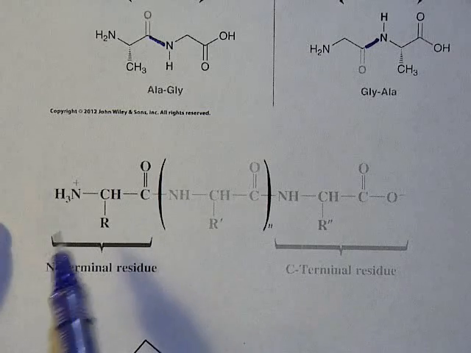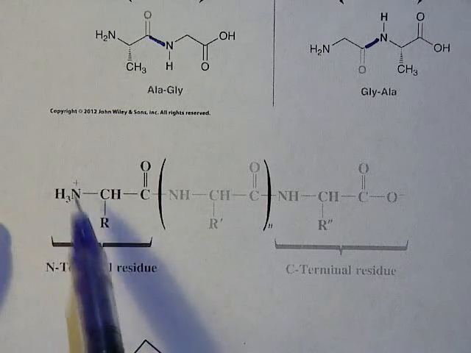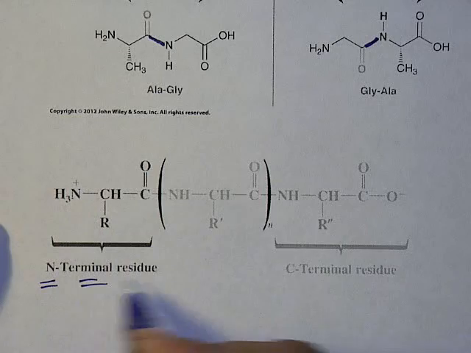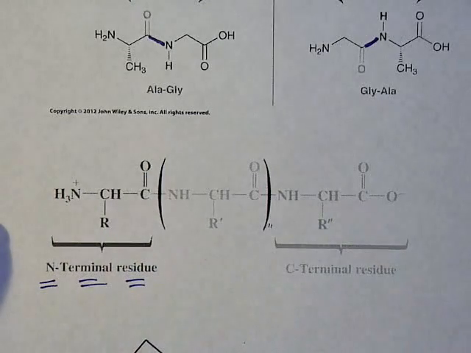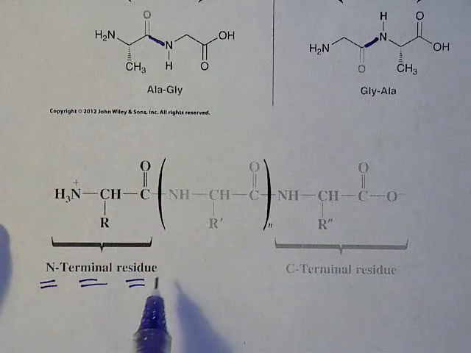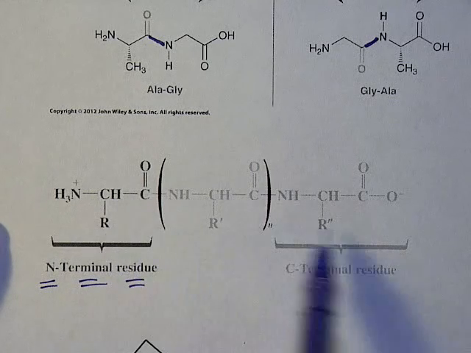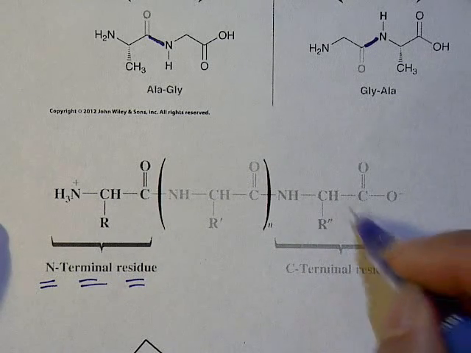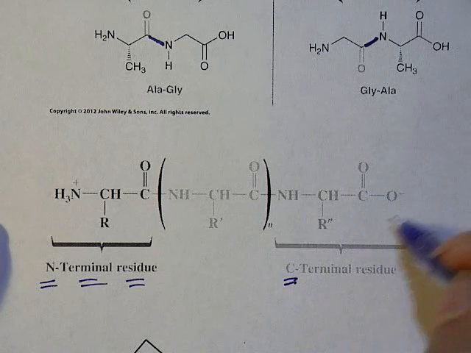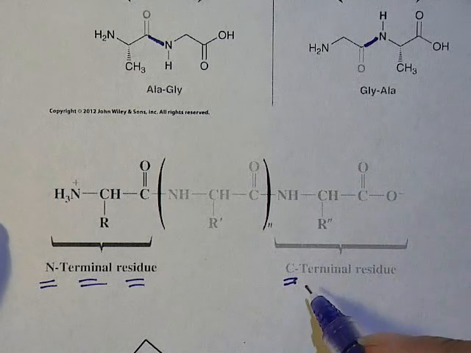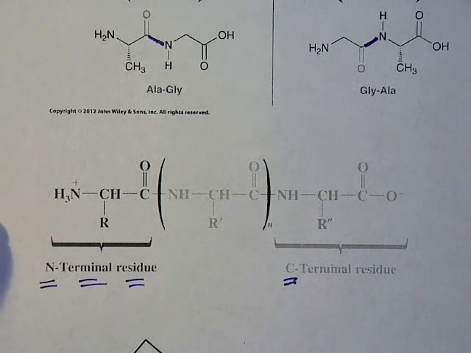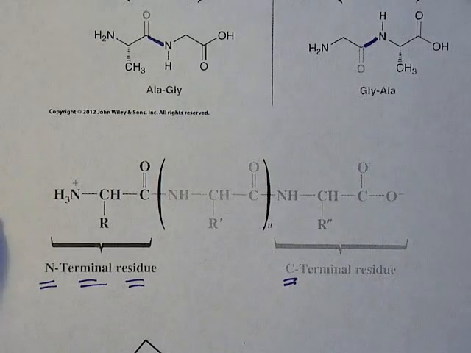You would start with what is called the N-terminal residue. So the amino acid that contains a free amine is the N-terminus, and then you write the amino acids, and then the amino acid that has the carboxylic acid free is called the C-terminal residue, right? So you have to obey this convention, because if you don't, then you're really not drawing or portraying the sequence of proteins in a correct way.